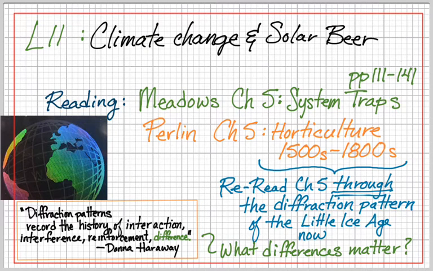I think you want to pay attention to, this says reread, but what you want to pay attention to is the Little Ice Age and how horticulture, how agriculture shifted from the 16th century through the 19th century. And you're going to see a lot of things that are tied to solar conditions, that are tied to volcanic eruptions that interfere with light, that then interfere with plant growth.